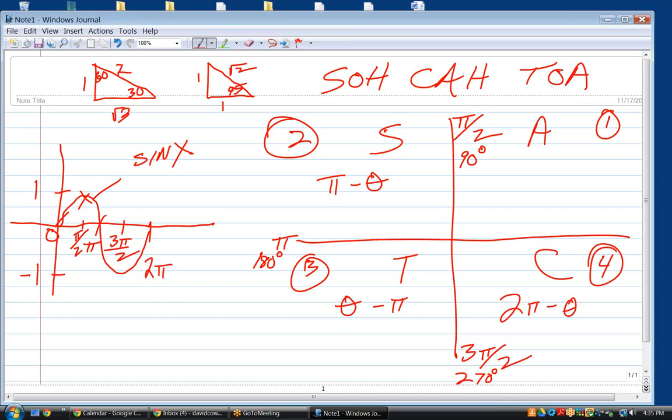The sine of 180 is 0. What's the sine of 270? And what's the sine of 2 pi? Okay, so that will answer all of your quadrangles for sine.